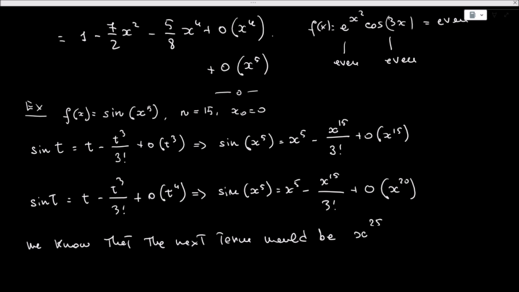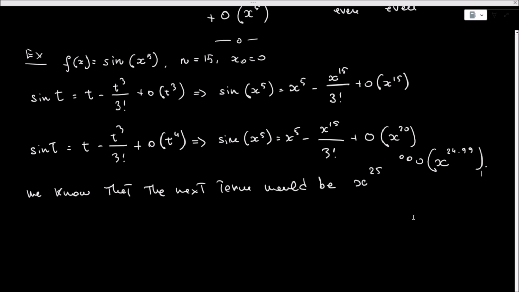Why is that? Well, because the next term in the sine of t would be t to the 5, and when we replace t with x to the 5 in t to the 5, what we get is x to the 25. So we could also write little o of x raised to 24.99. See? Okay, this is just a side note, not very important.